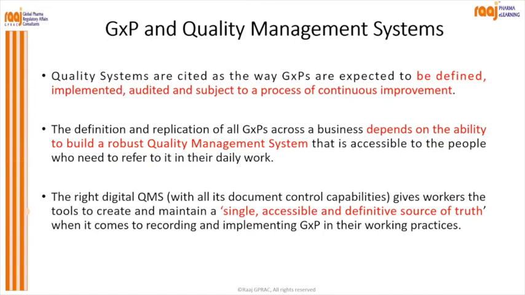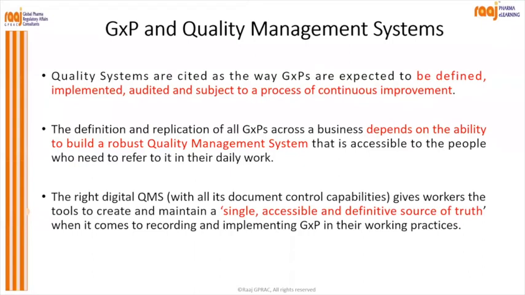The definition and application of all GxP across a business depends on the ability to build a robust quality management system that is accessible to the people who need to refer to it in their daily work. Am I right? The system should be so robust that if tomorrow 10 people left the organization, your work should not suffer, your company should not suffer.